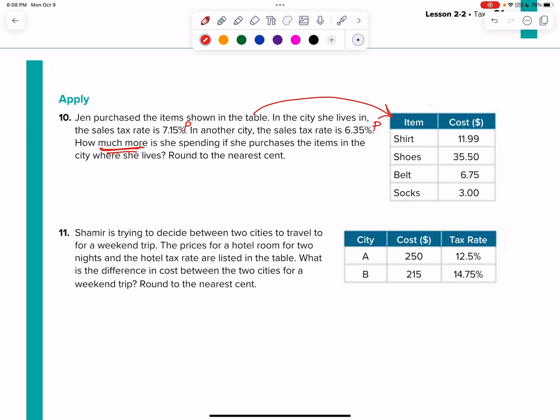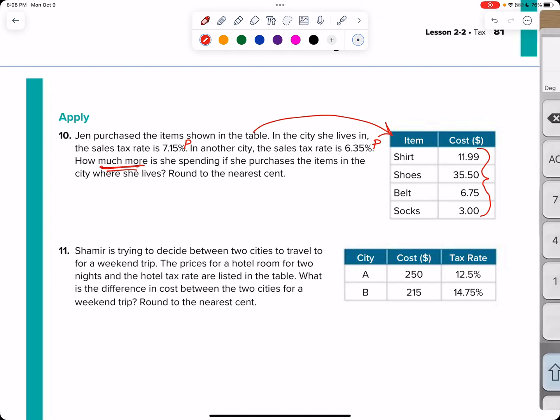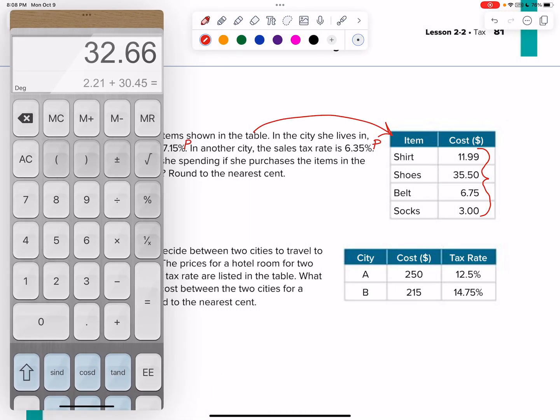So she purchases all these items, and it doesn't say anything about tax on only certain ones. So look at this fancy symbol. Do you know how to do that? Let's add all those up. We're going to have to move you over, calculator. So we have 11.99. I could find the tax on each of them individually, but that's way more work.